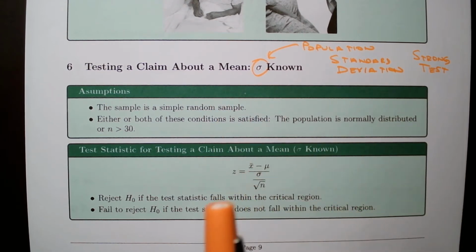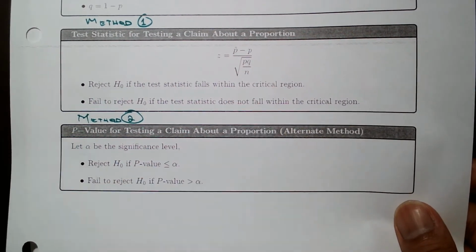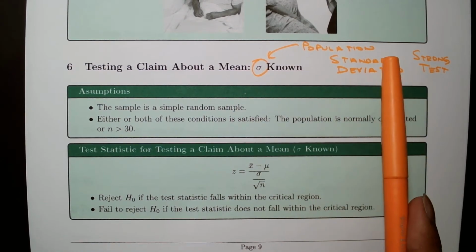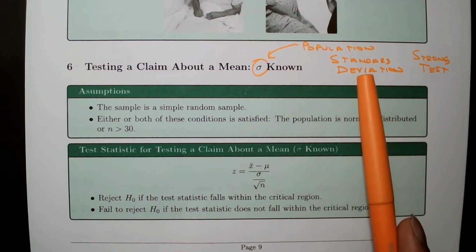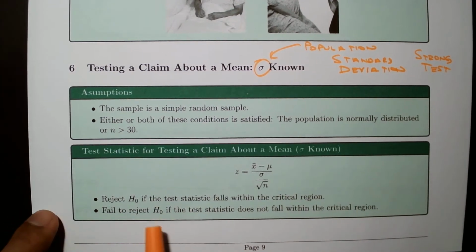Now, how are we going to calculate the test statistic? The process will be very similar to the previous section. That was a formula to find the test statistic. Now, for the test statistic to make inferences about the mean, in which sigma, the population standard deviation, is known, we are going to use this formula, and the criteria is exactly the same.